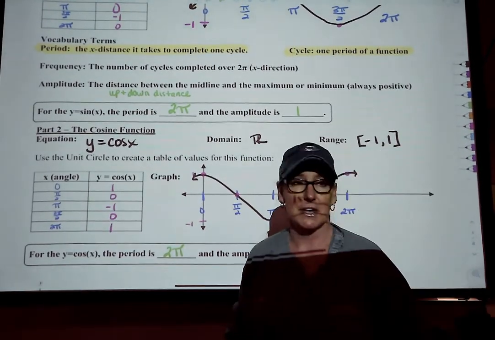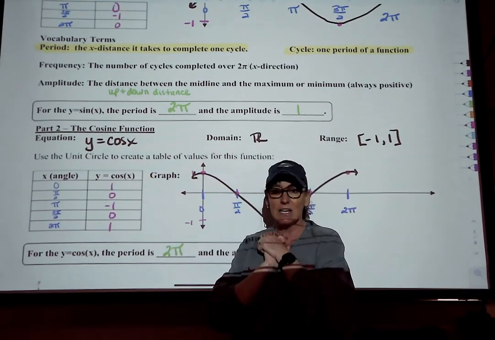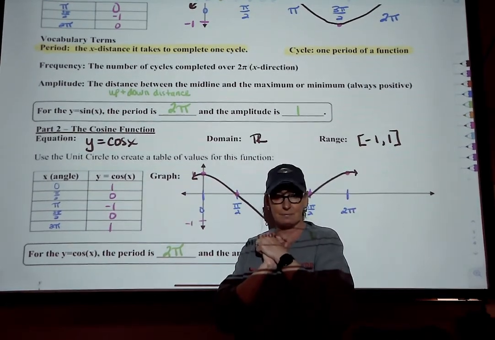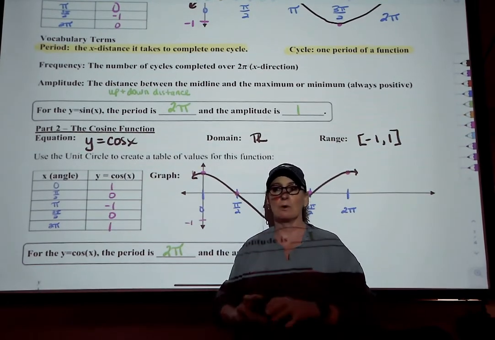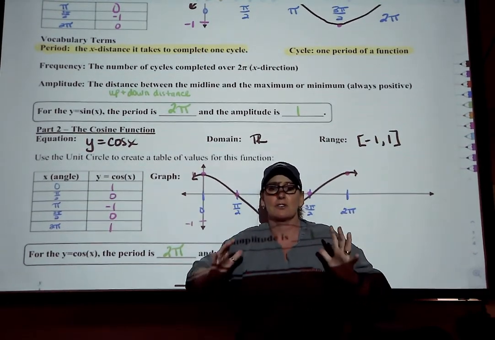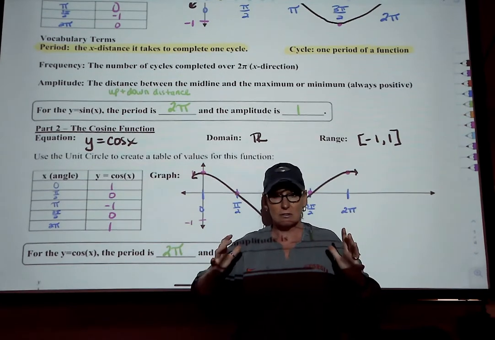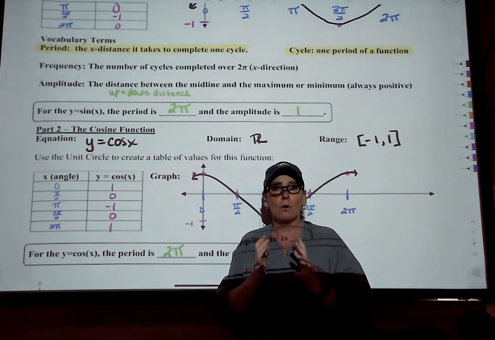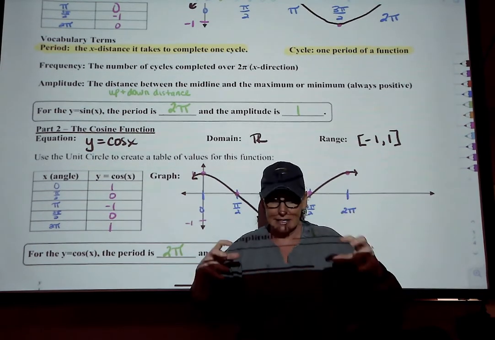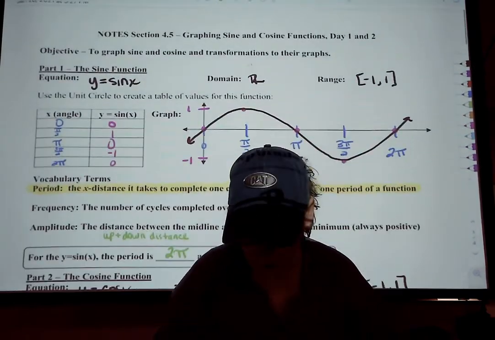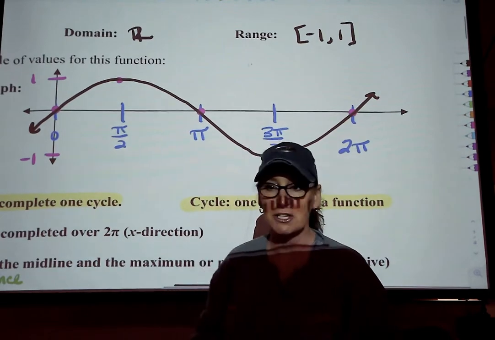Frequency. Here's the thing. In a little bit, we're going to look at graphs, and we're going to take a sine cycle and we're going to squish it. We're going to horizontally compress it. Or we might horizontally stretch it. So I might squish the sine graph.